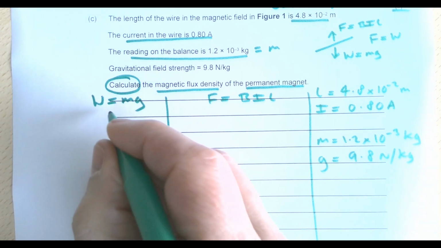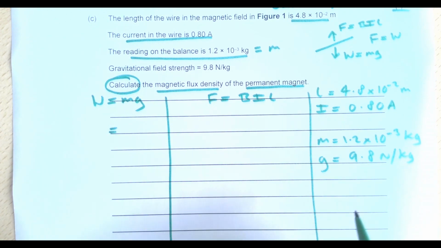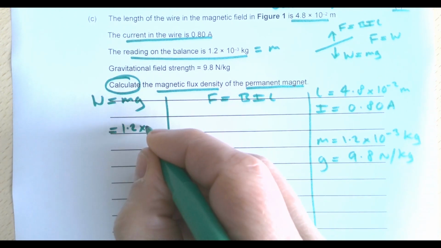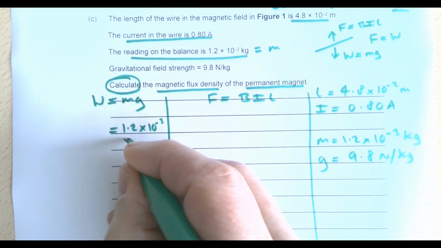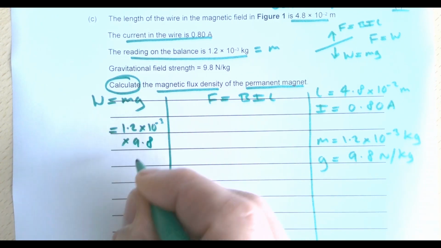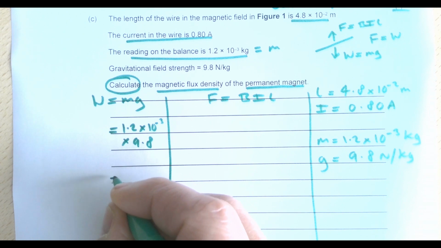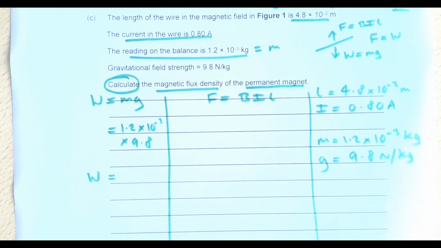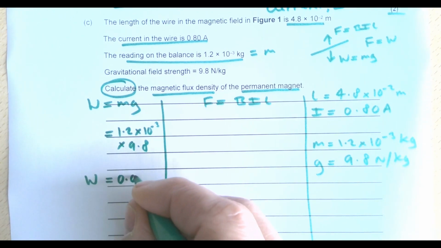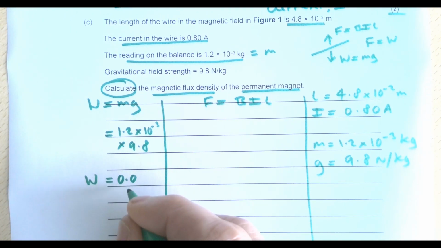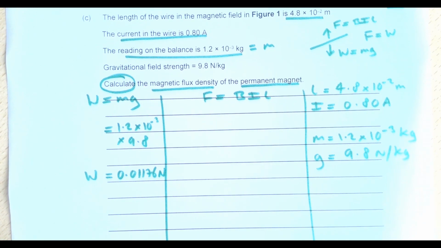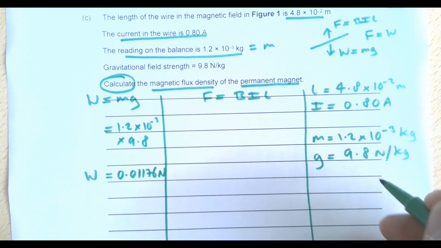So I'm then going to enter the values into here. So I've got 1.2 times 10 to minus 3 times 9.8 gives me a total weight of 0.01176 newtons. Okay, so I get that. I'm then going to substitute my values into here that I know.